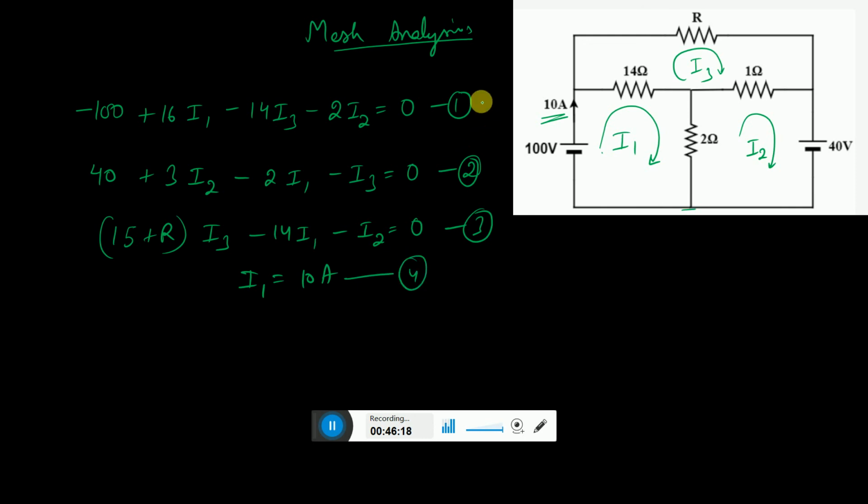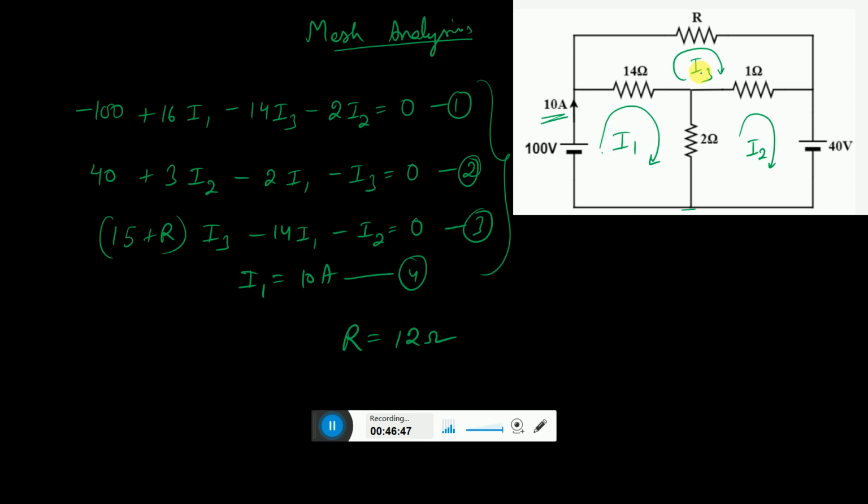Now you have 4 equations, and once you put the value of I1, you can easily get the value of R. You do this and you will find the value of R is again equal to 12 ohms. The thing is that mesh analysis is a little tedious here.